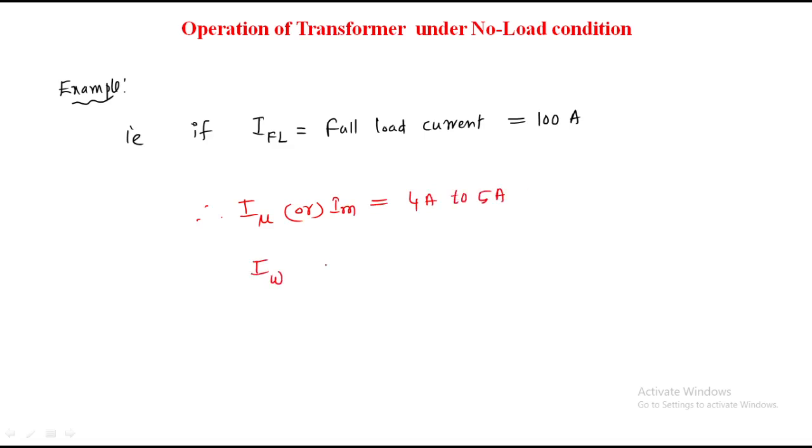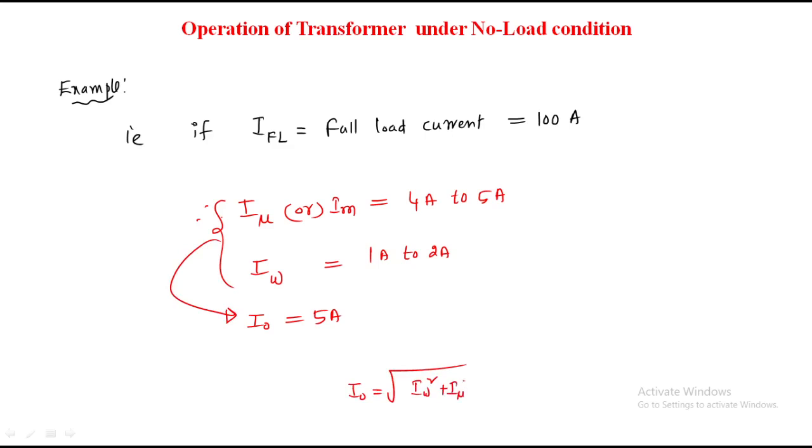Like that, IW, which is 1 amp to 2 amps. Like that, I naught should be equal to what? 5 amps. The combination of these two is nothing but I naught, which is equal to the square root of IW square plus I mu square. This is the explanation of this transformer under no load condition.